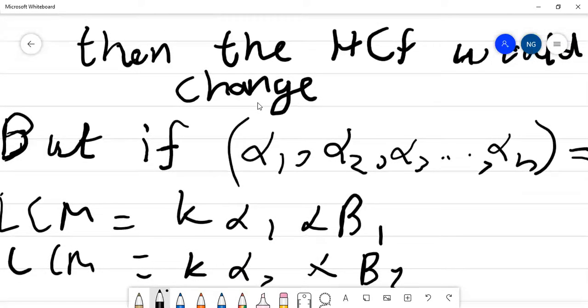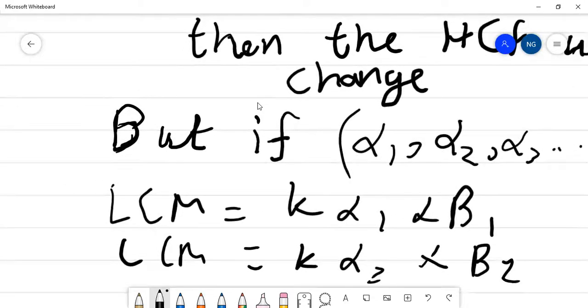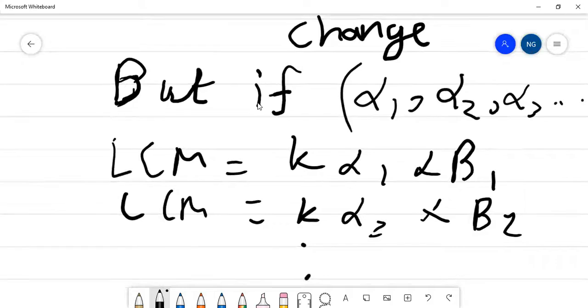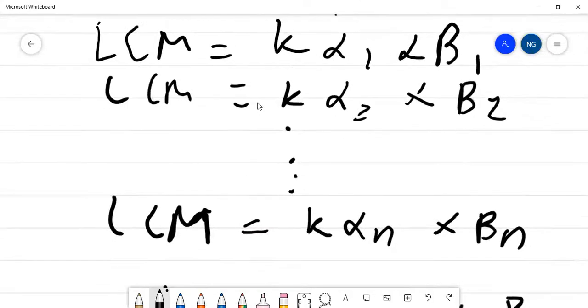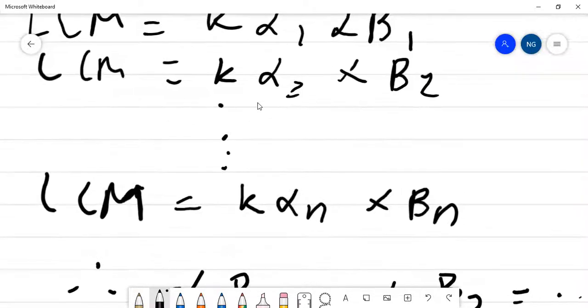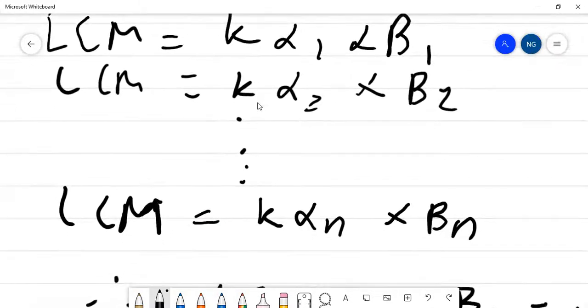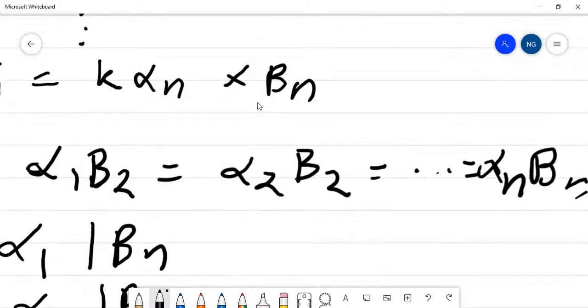So in this case, we find the LCM using the same process. n1 into something is equal to LCM, n2 into something is equal to LCM. So we let those be b1, b2, bn. Using the same process, we get that alpha 1 b1 is equal to alpha 2 b2 is equal to alpha n bn.